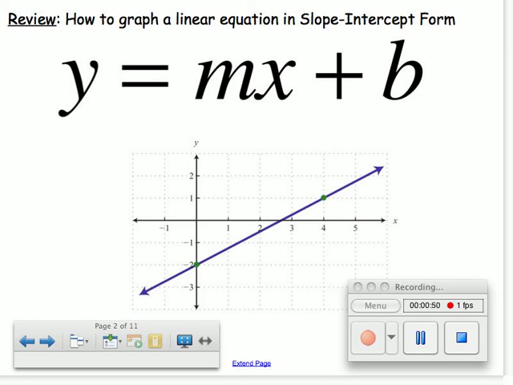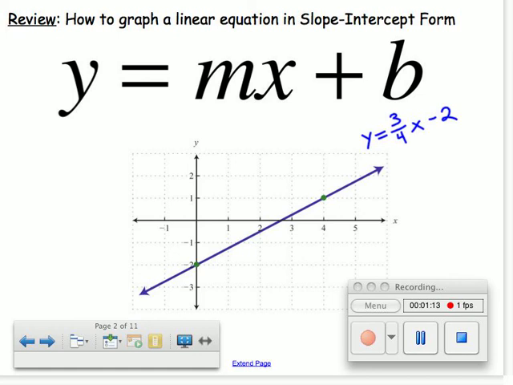You can see in this example, the y-intercept is -2, and the slope is up 3, right 4. Therefore, the equation that we use to graph that line is y equals 3 over 4x minus 2.